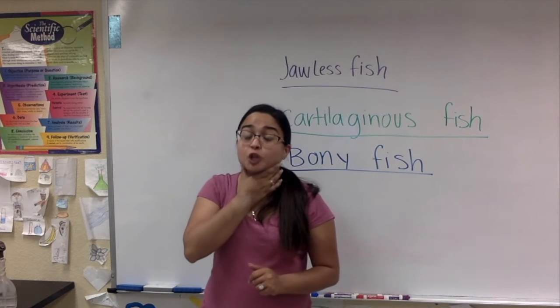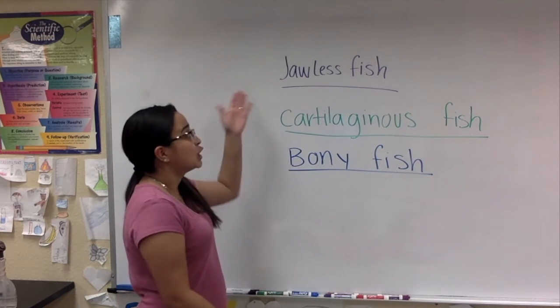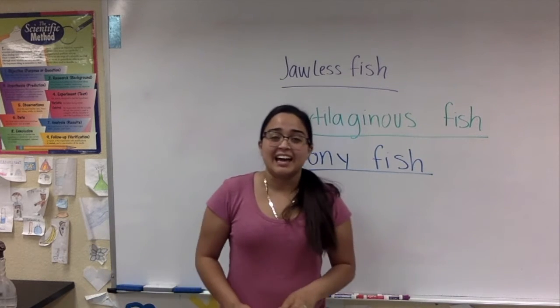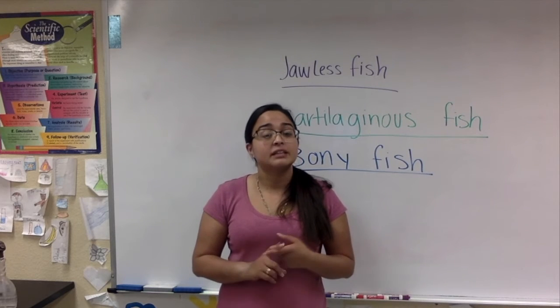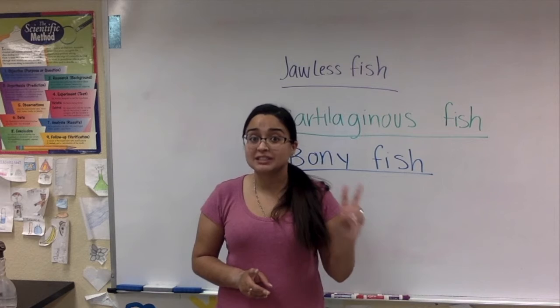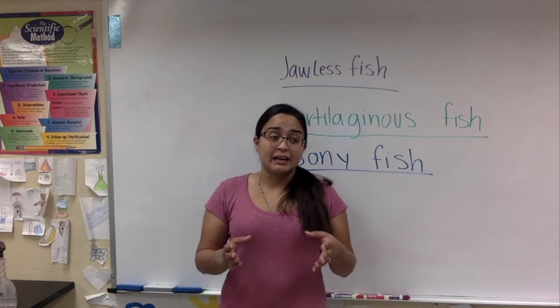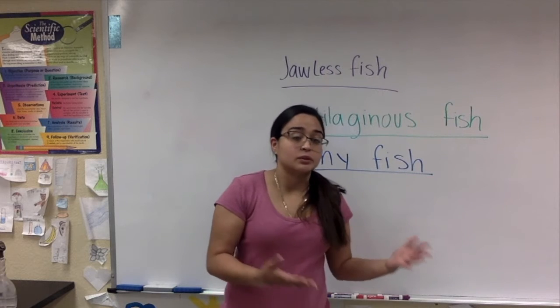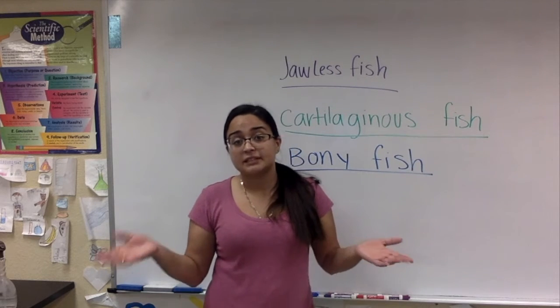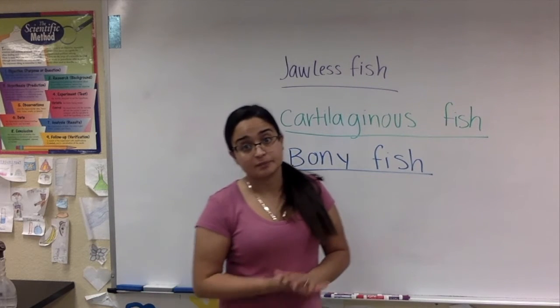They have no jaw, hence the name jawless, and they have worm-like bodies. They do not have teeth or scales, and also, even though they do have a backbone, it is rather soft in comparison to others.